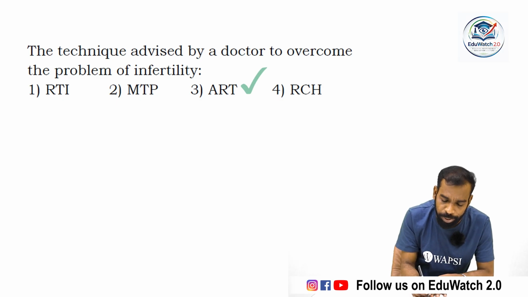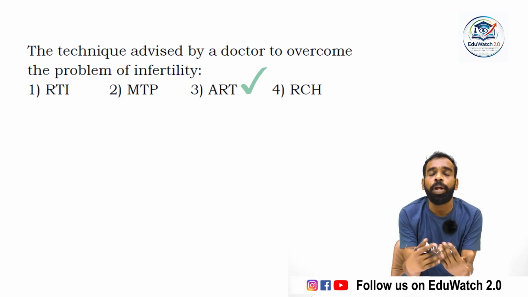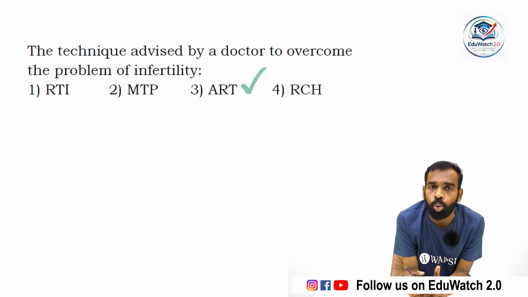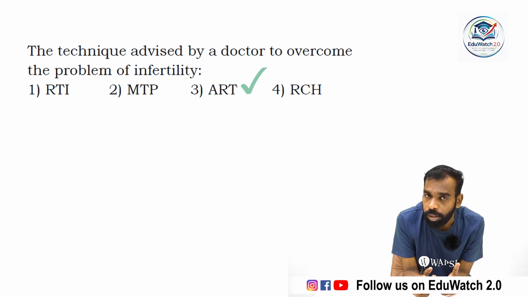Infertility. What do you mean by infertility? If a male or a female is not able to produce... Or not able to produce sperm, or the sperm count will be very less. A male is not able to synthesize sperm. Sometimes the spermatogenesis process will not take place in a proper manner.